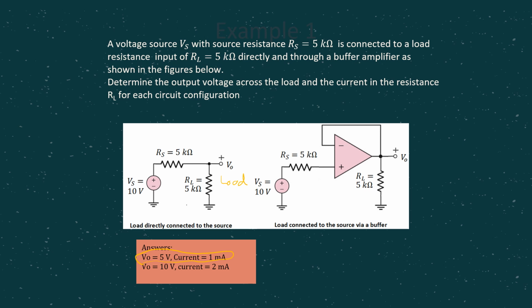By having this, you are actually connecting the VS, the input, directly at the non-inverting terminal. So the output here will be equal to 10 volt, and the current is 2 milliampere. But what I want to highlight here is that by having this buffer amplifier, you can make sure higher voltage will be connected to the load, and it can turn on whatever LED or diode is connected to the load.